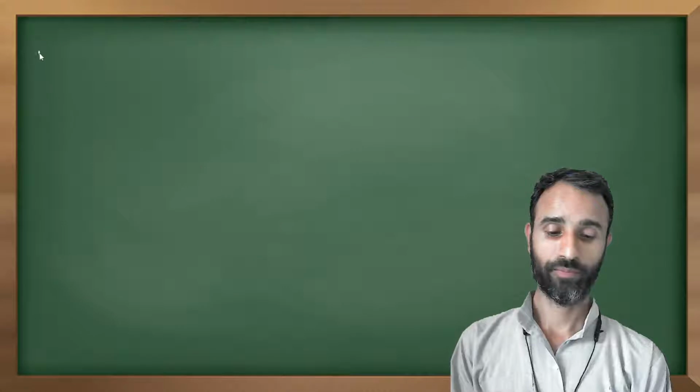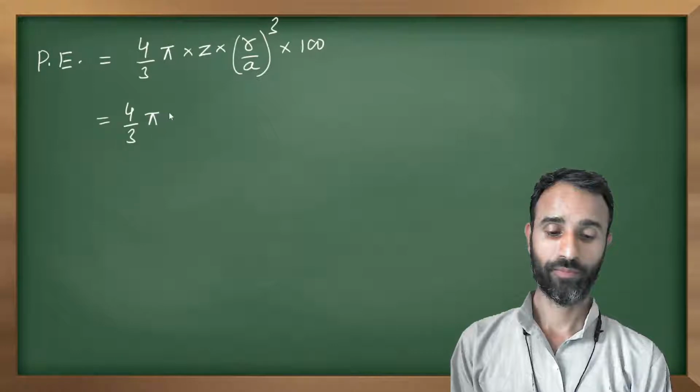So packing efficiency for simple cubic is 4 by 3 pi into Z into R upon A cube into 100. So just write the value. What is Z for simple cubic? It is 1. And what is the relation between R upon A?